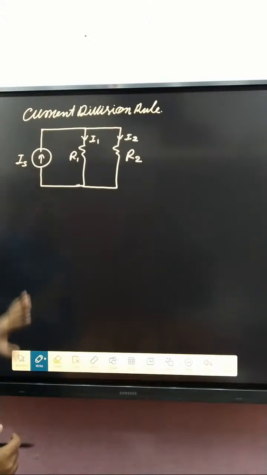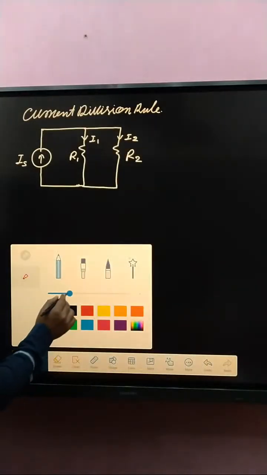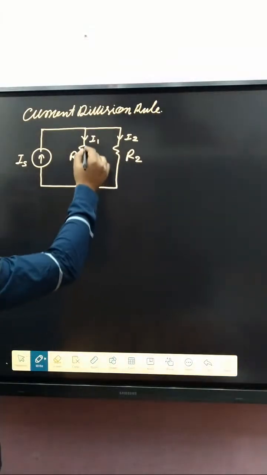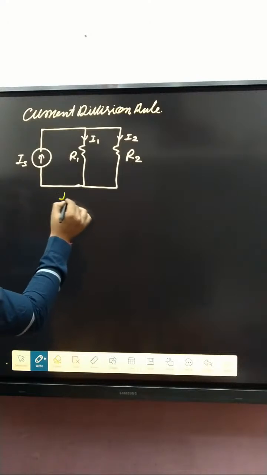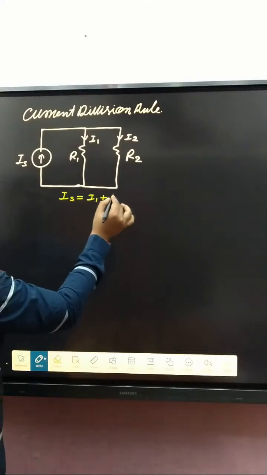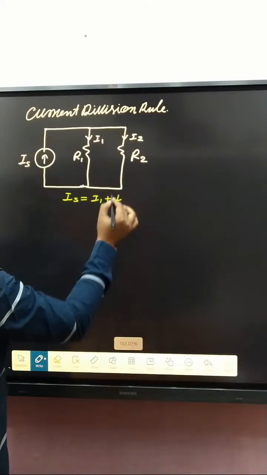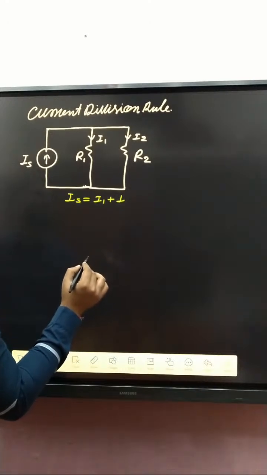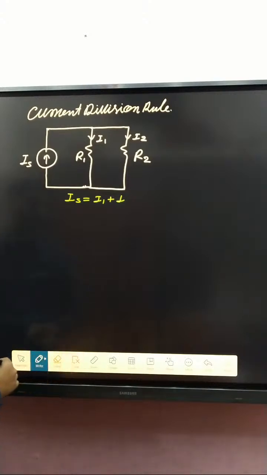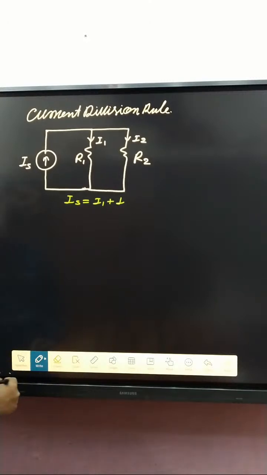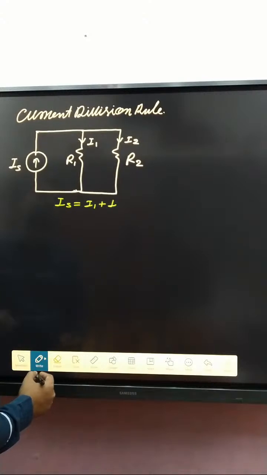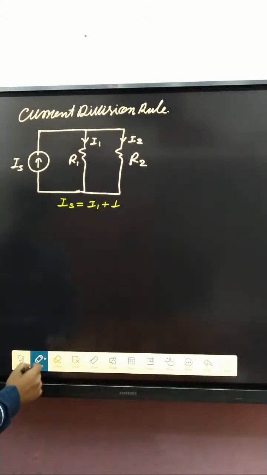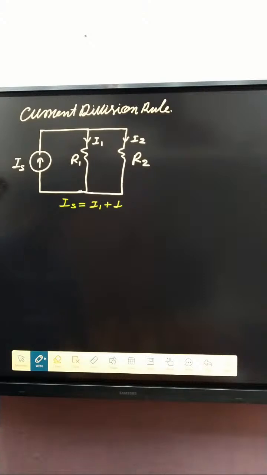So first of all, I know that if someone considers I1 here and I2 here, then IS is written as I1 plus I2, simply. Here I1 and I2. What's the problem?